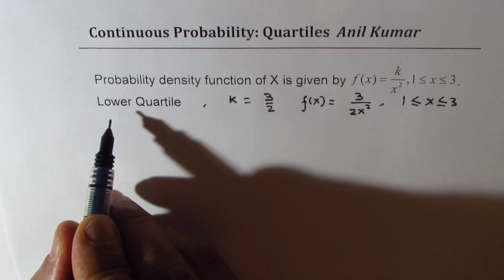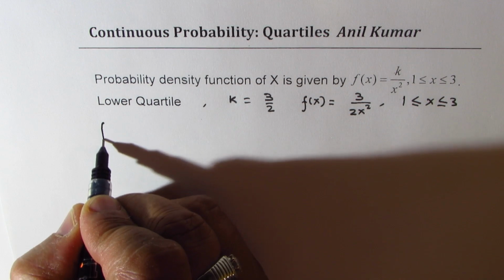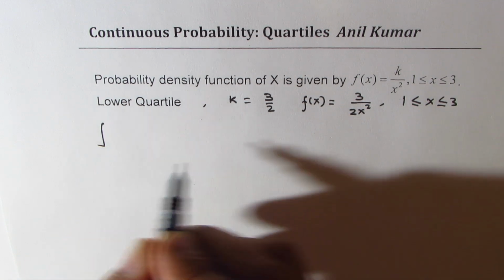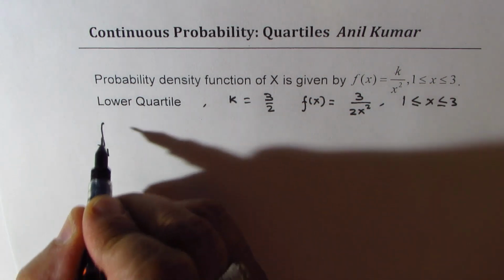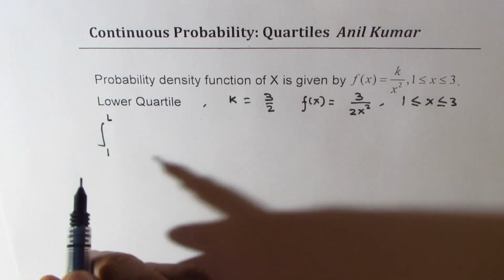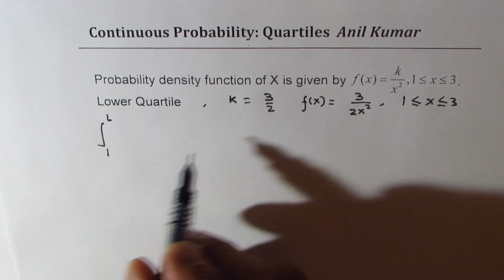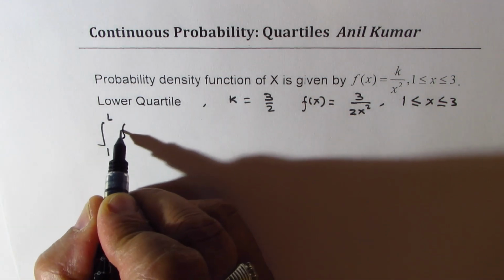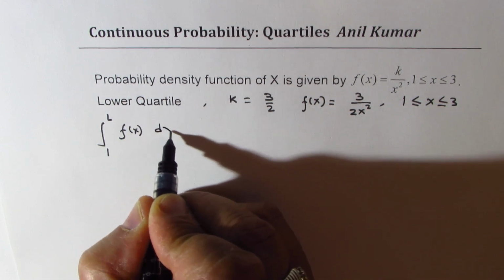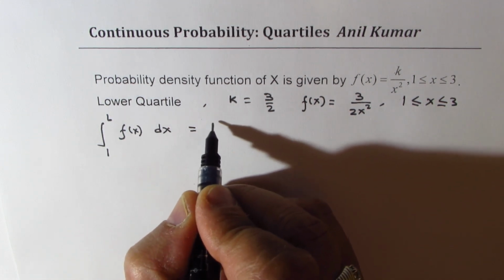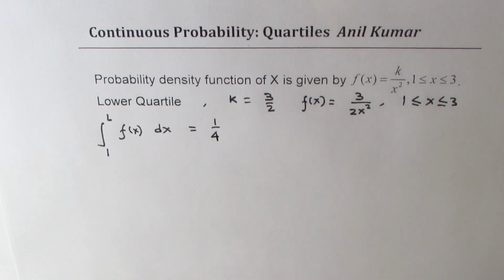Quarter. So the integral from the lower limit 1 to the lower quartile for the given function, which is f of x dx, should be equal to 1 over 4 or 0.25.